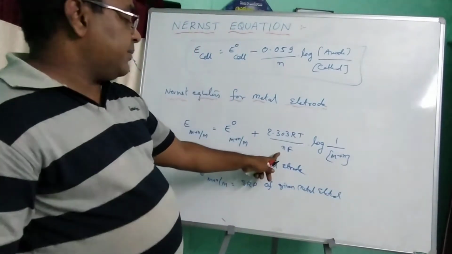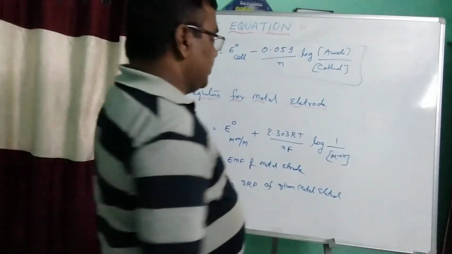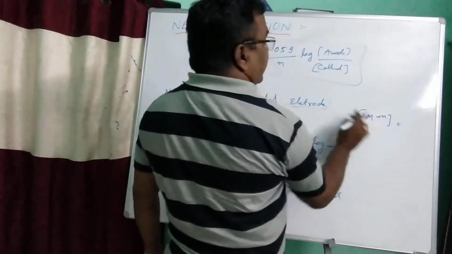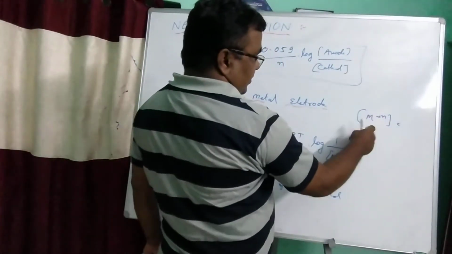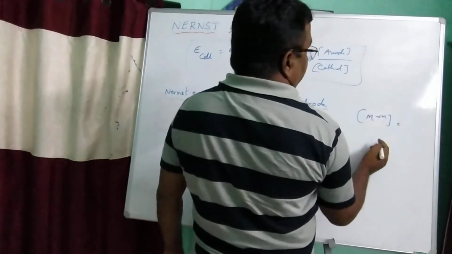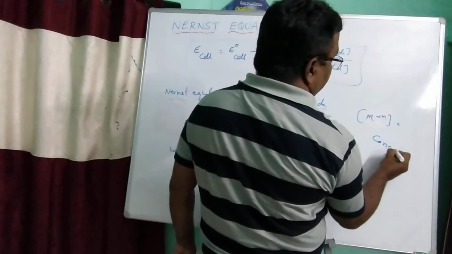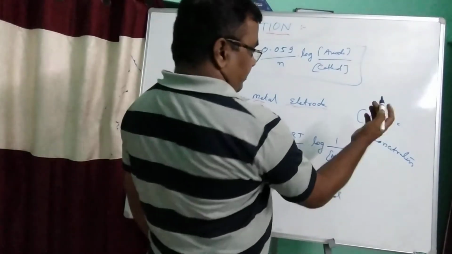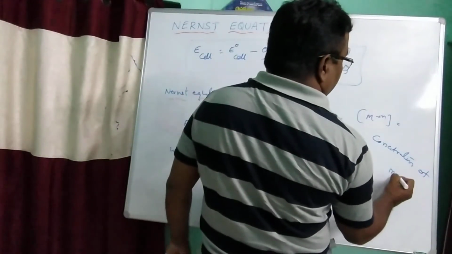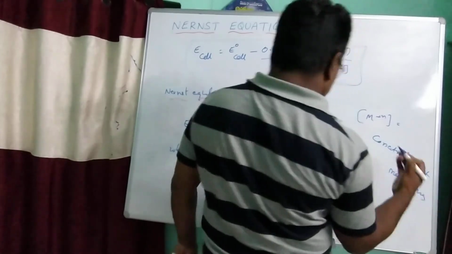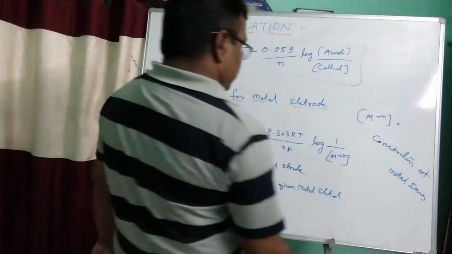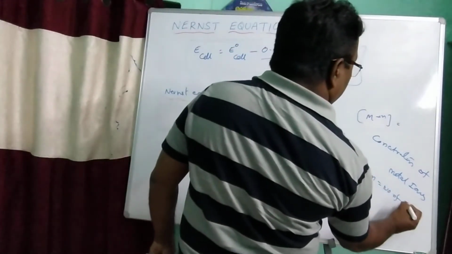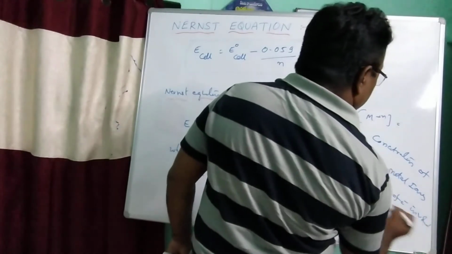We know that n is the number of electrons involved in the reaction, F is the Faraday. The square bracket represents concentration, so M plus n in square brackets is the concentration of metal ions. n is the number of electrons involved in the reaction.